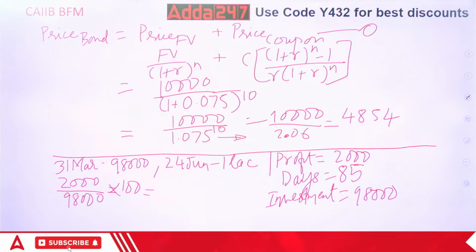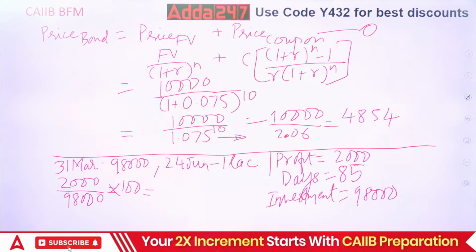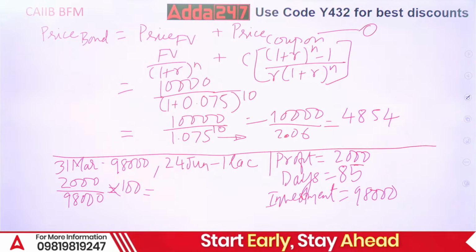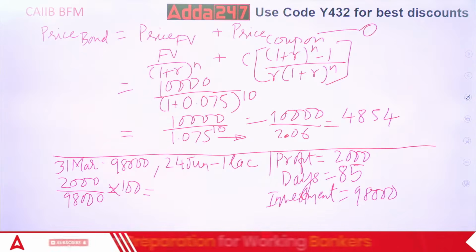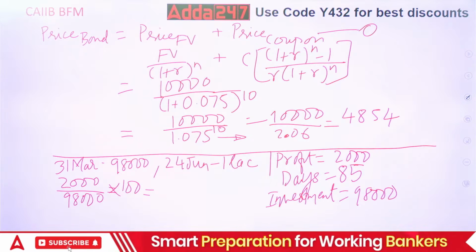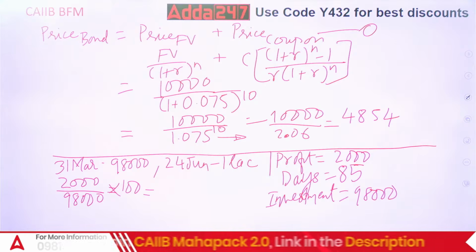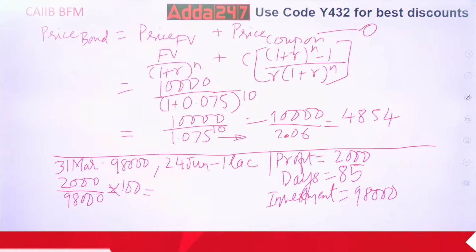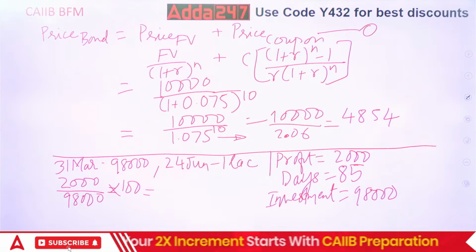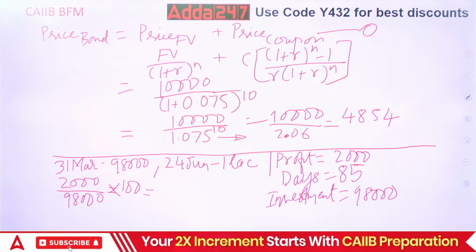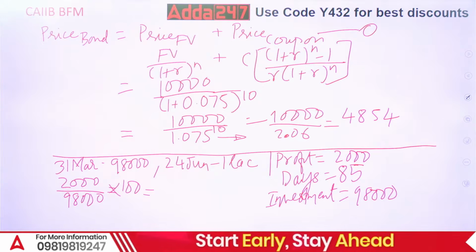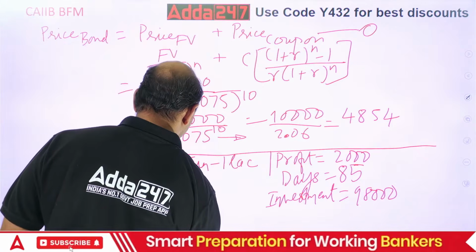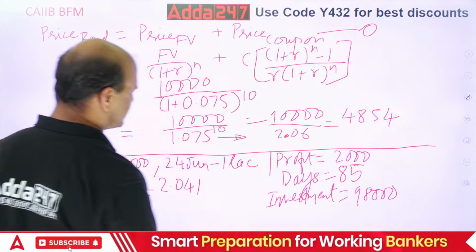So 2 upon 98, into 100. You will get 2.0408, so you get 2.04. I'll take 2.041 because it's 08.